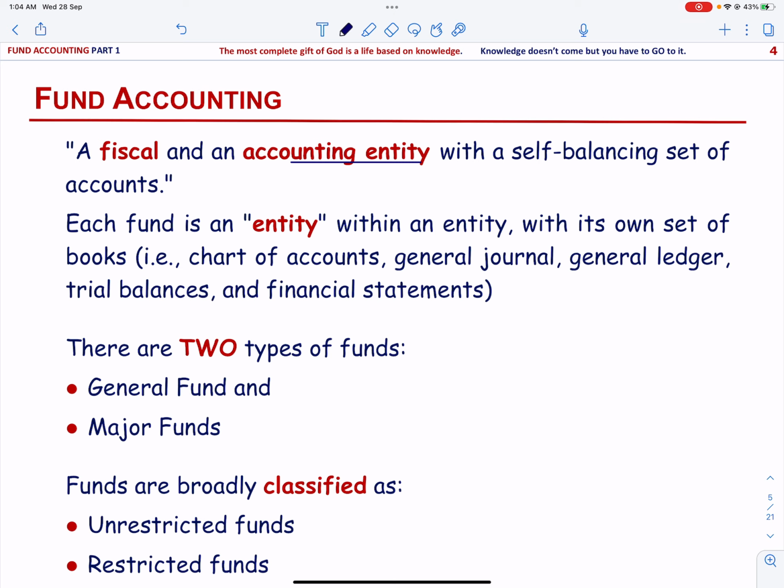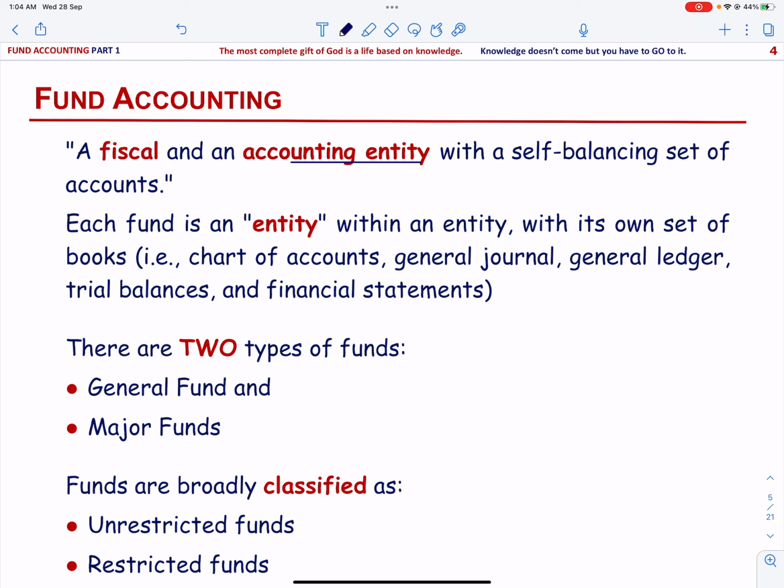In order to simplify the accounting information, each major project is identified as a fund. So consider each fund as a separate legal entity. So for each major project, a fund is created.